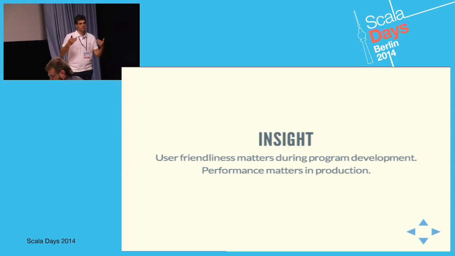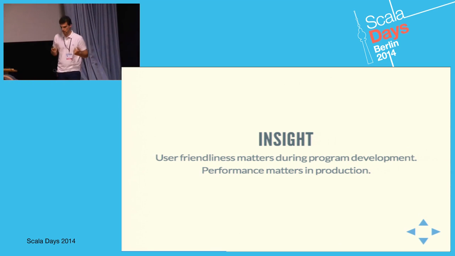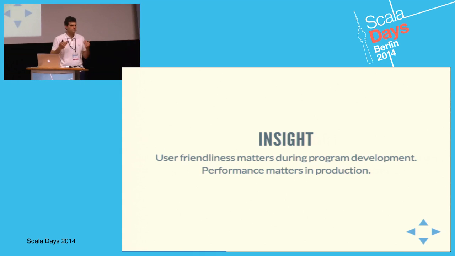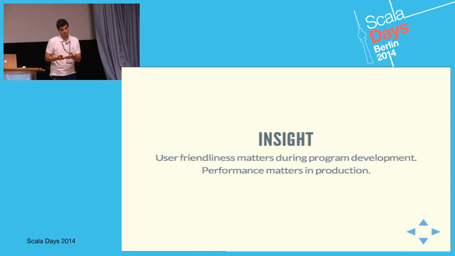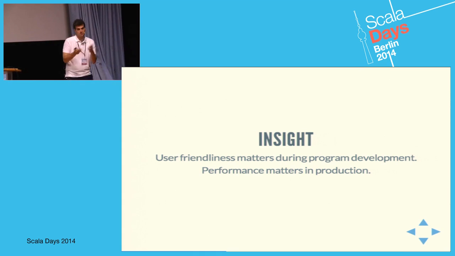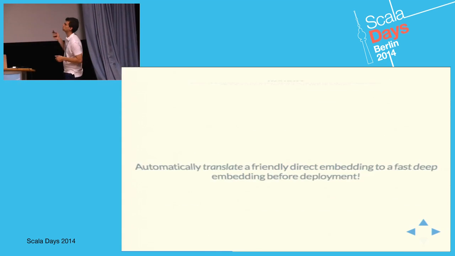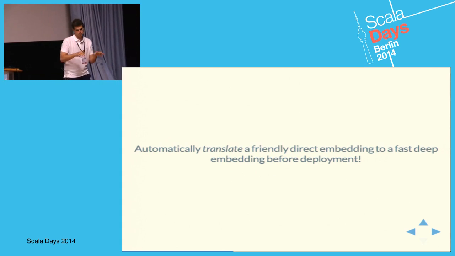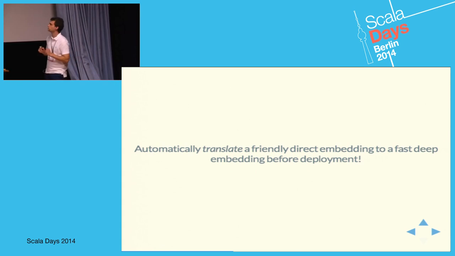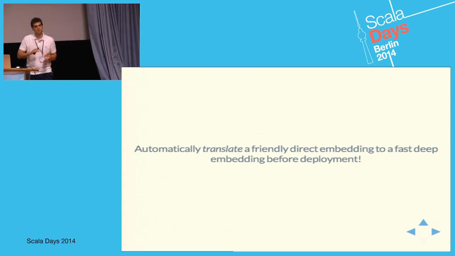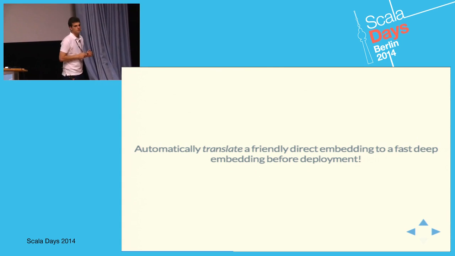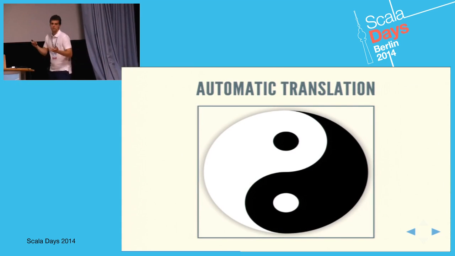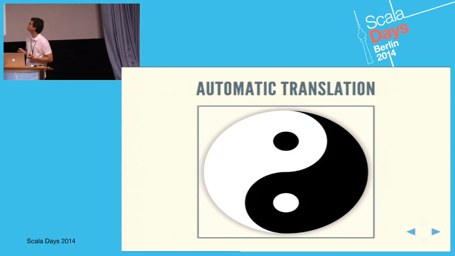We care about usability only. And then when we send our code to production, to the cluster or to a web server, that's when we care about speed, but we don't give a damn about code anymore. It's bytecode then. So why don't we use this direct embedding while doing development and prototyping, and once we are done and tested, we just send it to a deep embedding? And this is how this project came to life. We essentially provide this automatic translation.